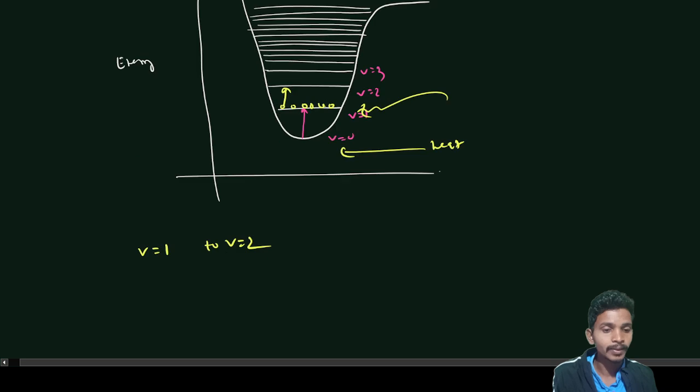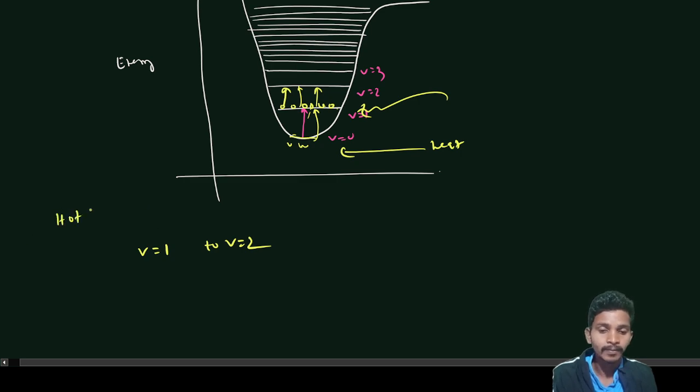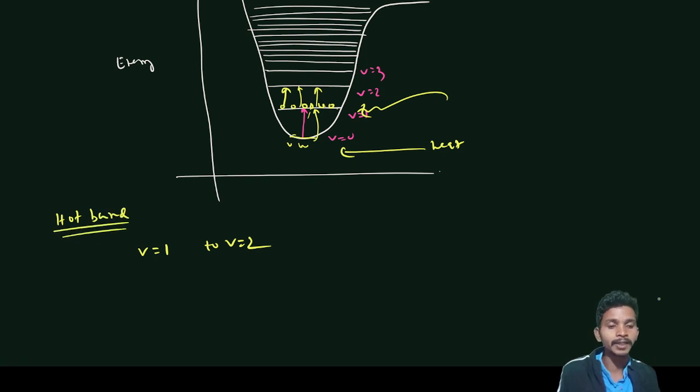But after heating, the molecules which were at v equal to 0 are shifted to this energy level. Now, after heating, the population here is high. If we give electromagnetic radiation, transitions occur everywhere, but after heating we get a good amount of intensity here as well, like here. In that case we call it the hot band. Hot band means after heating.